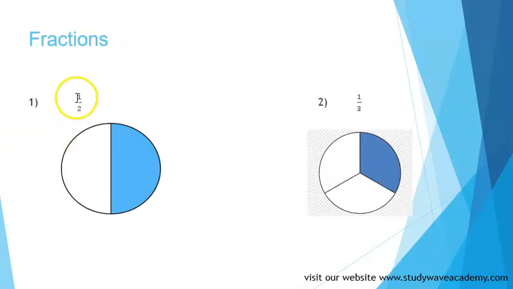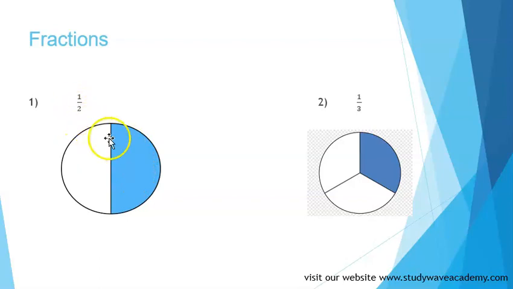We have here a circle that is divided into how many parts? 1, 2. And how many parts are shaded? One part is shaded. So we have 1 over 2. Remember, the numerator, which is the up number over here, 1, is the shaded part.